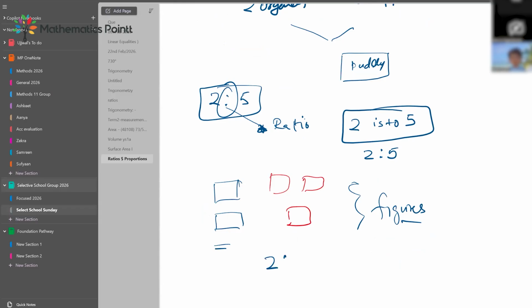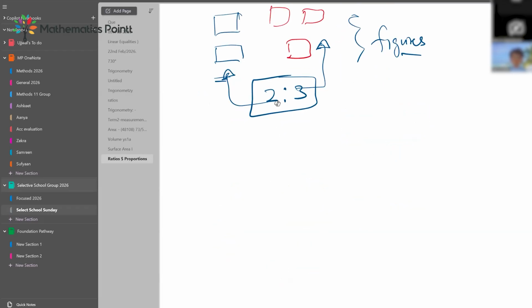So it is 2:3. 2 tells me the blue, whereas 3 tells me the red. 2:3. Okay, this is very, very basic. I think most of you would know that. But still, if you don't know that, this is just an introduction.